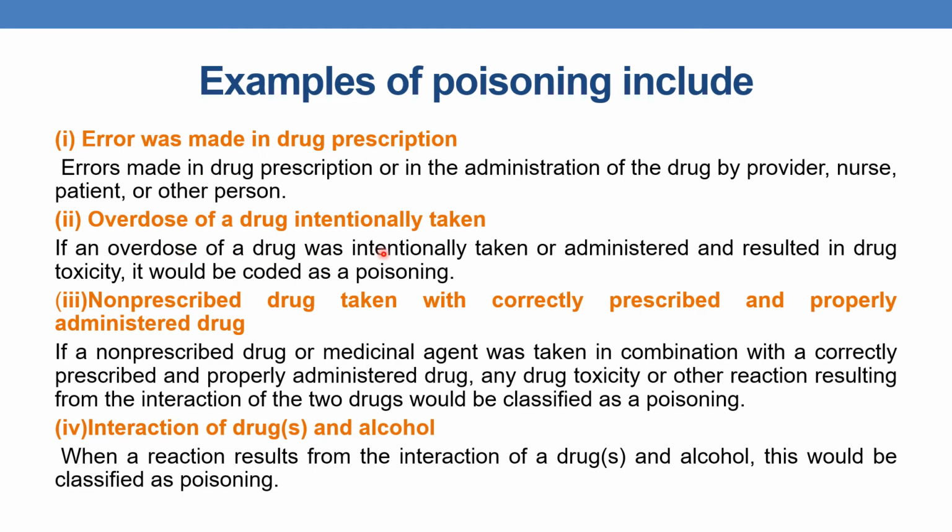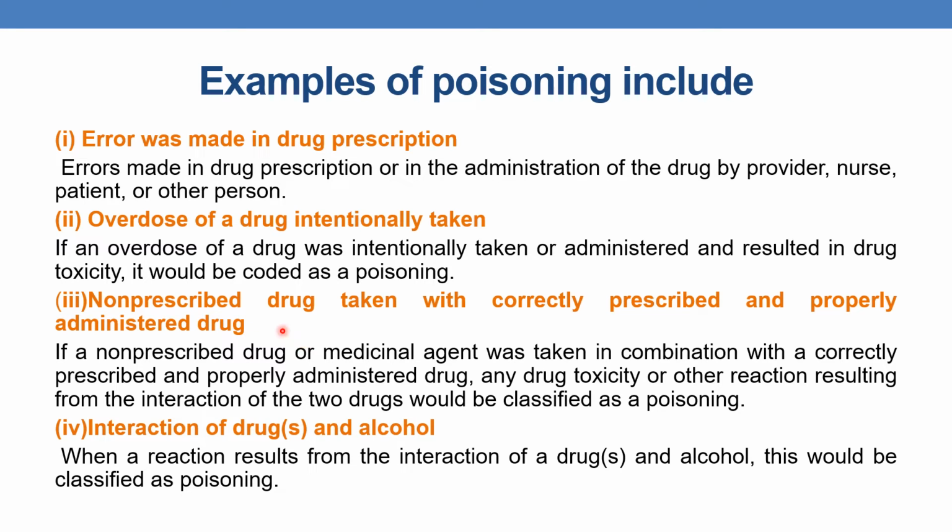Second is overdose of drug intentionally taken. If an overdose of drug was intentionally taken or administered and resulted in drug toxicity, it would be coded as poisoning. Third is non-prescribed drug taken with correctly prescribed or properly administered drug. For example, chronic condition drugs and antibiotics, if they have any drug interactions.